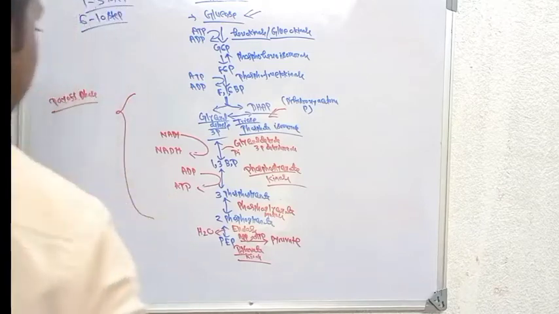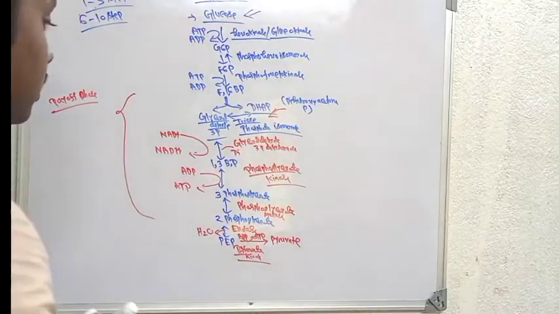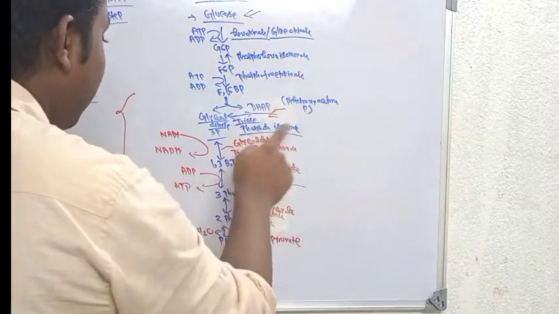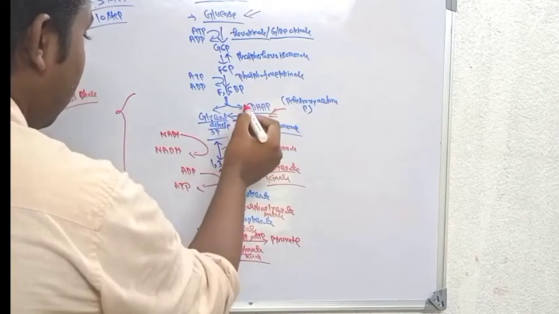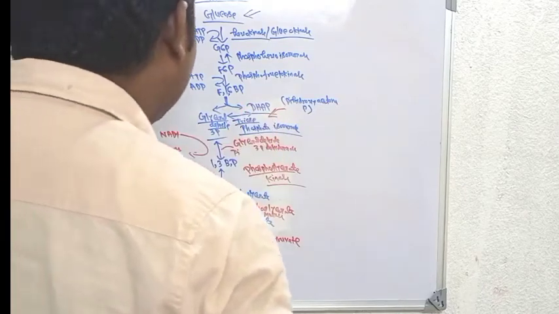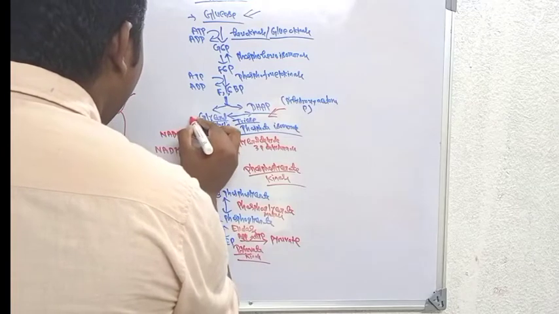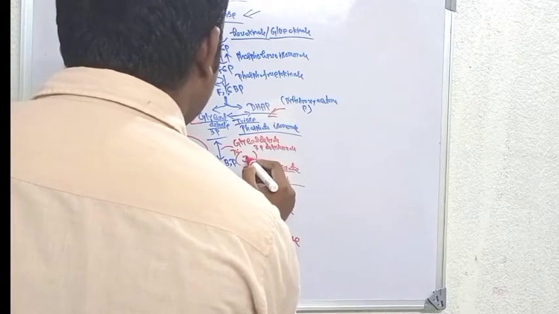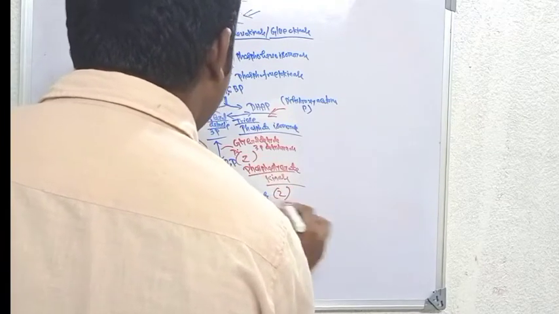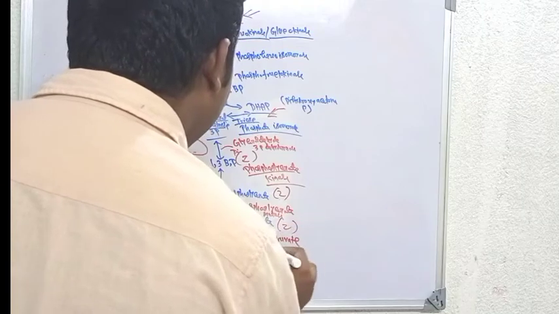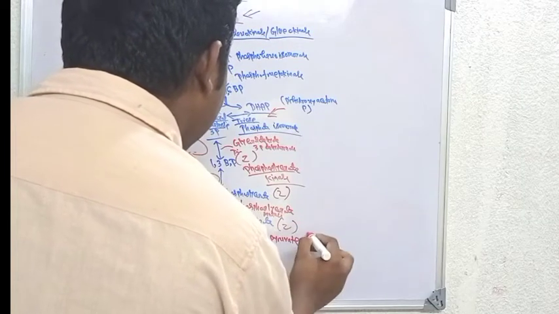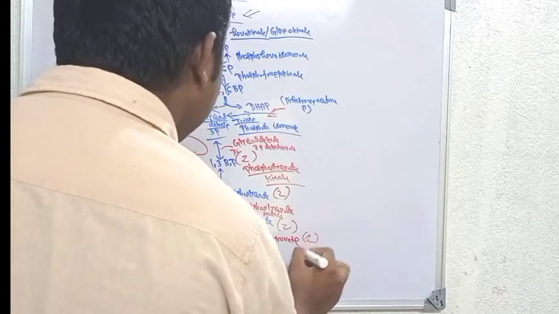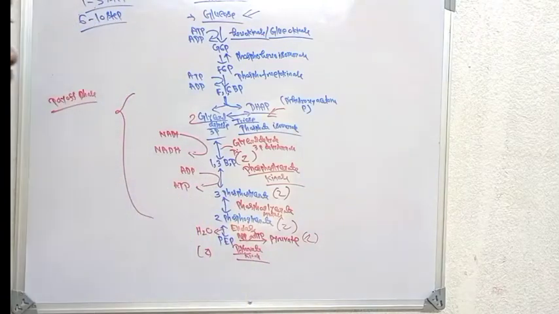Earlier I said that this DHAP is converted into glyceraldehyde 3-phosphate. So two molecules of glyceraldehyde 3-phosphate ultimately enter into the glycolytic pathway. Two molecules of 1,3-bisphosphoglycerate, two molecules of 3-phosphoglycerate, two molecules of phosphoglycerate, and two molecules of pyruvate will be formed.